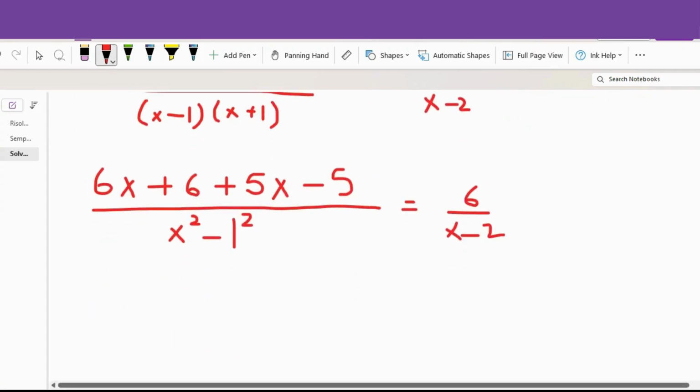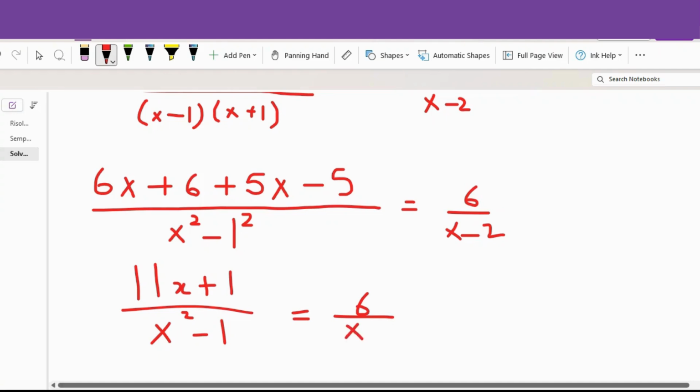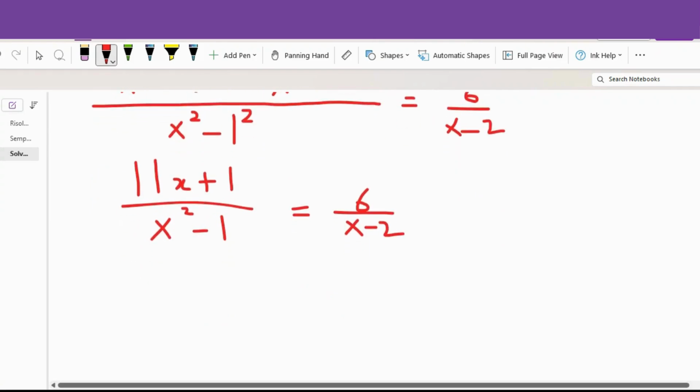Now we move forward. We would add the like terms. So 6x plus 5x is 11x, and 6 minus 5 is 1, so it would be 11x plus 1. And in the bottom, we have x squared minus 1. And here we have 6 out of x minus 2. Now we would cross multiply them.